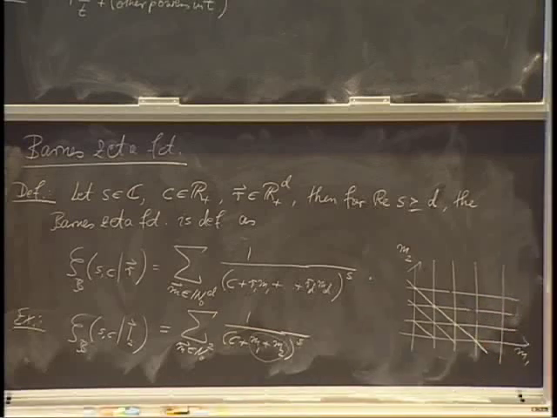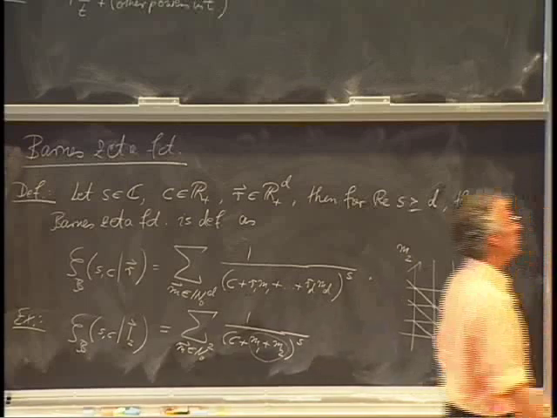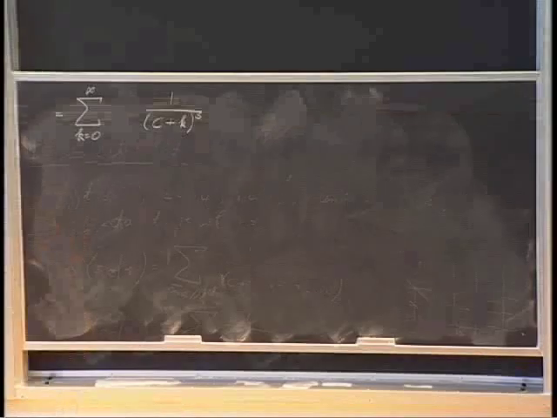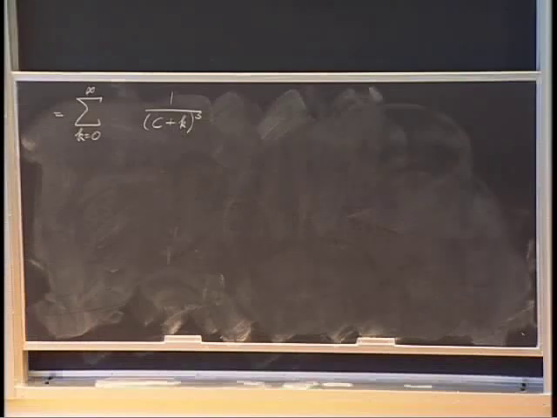So if you let k be the sum of m1 and m2, then the sum runs from 0 to infinity, and you have to count the number of possibilities to write k as a sum of m1 and m2.